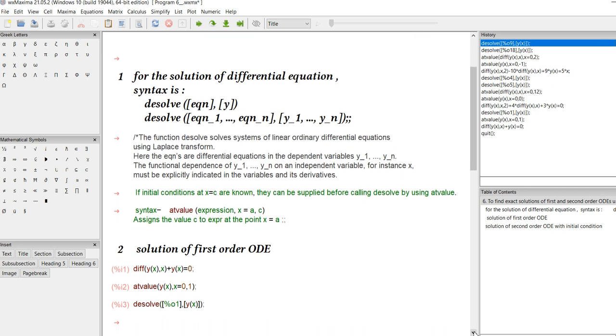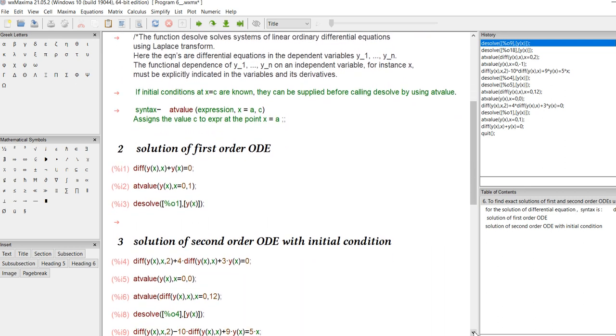For example, I will solve this differential equation: dy/dx plus y(x) equal to 0. It's an initial value problem, and when x is equal to 0, the value of y is 1.